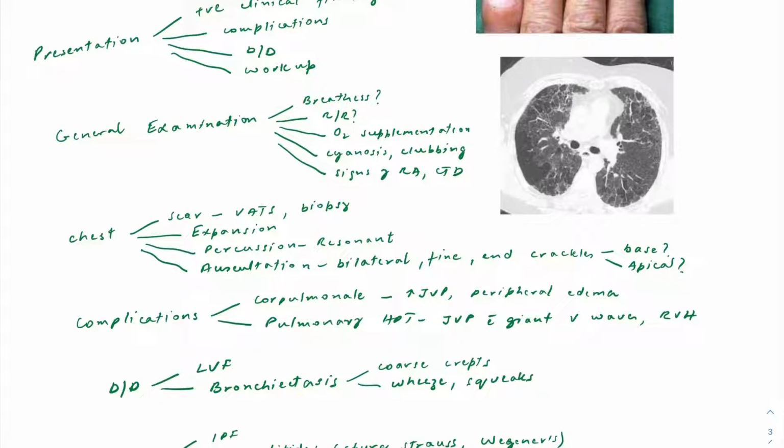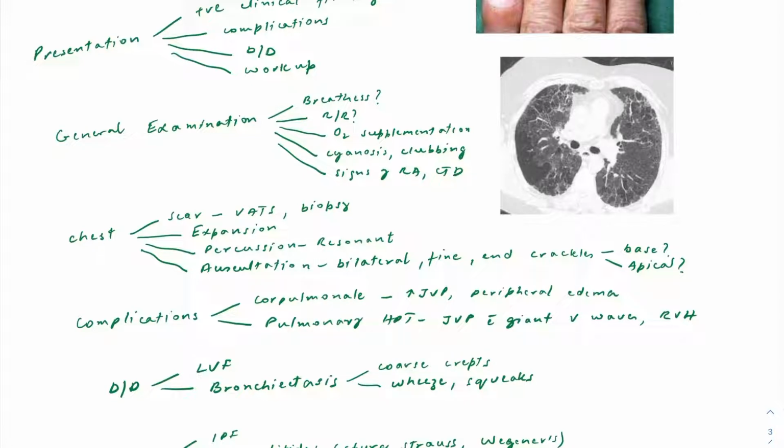Once you have done your chest examination and you have some idea that the patient is likely to have pulmonary fibrosis, the next step is to look for any complications of pulmonary fibrosis. Keep all these things in mind because once you're doing the presentation, you have to follow this sequence.